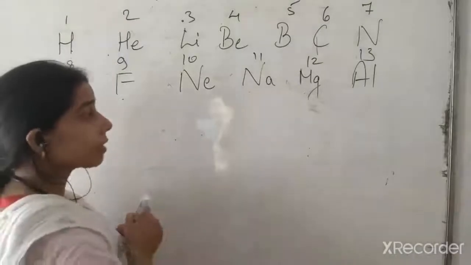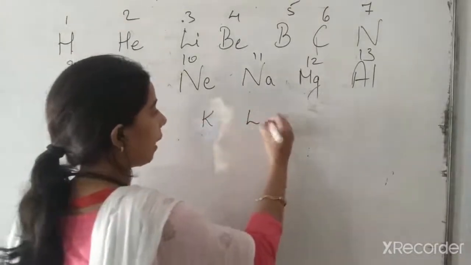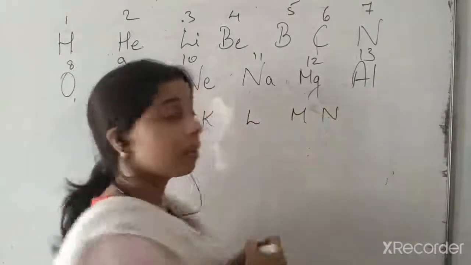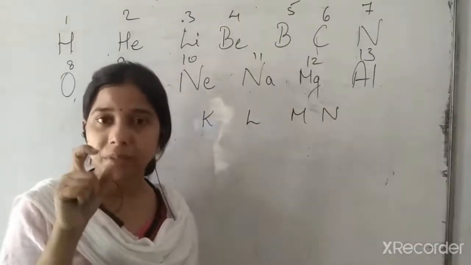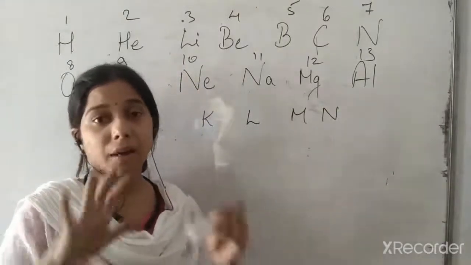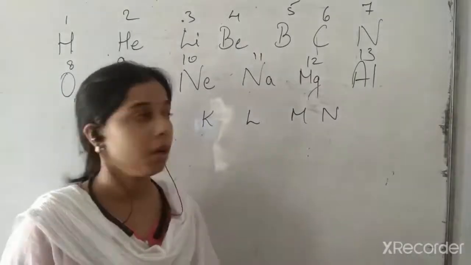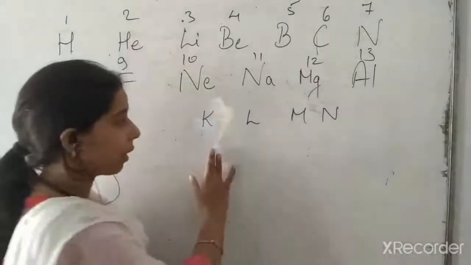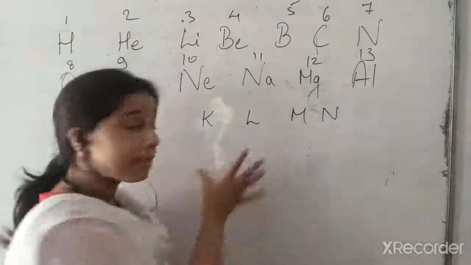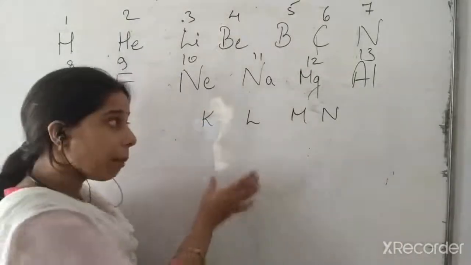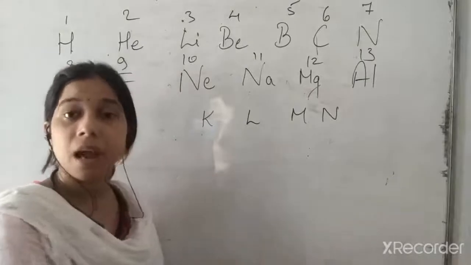The shells are divided into K, L, M, N. It means that around the center of the atom there are 4 shells around the nucleus. And the number of electrons present in these shells is fixed.